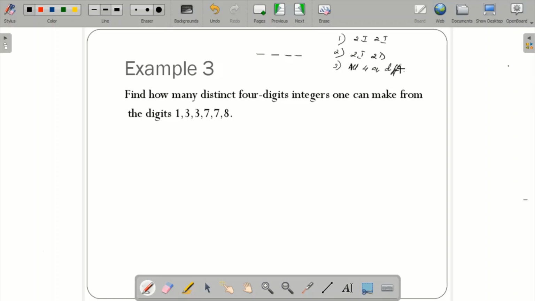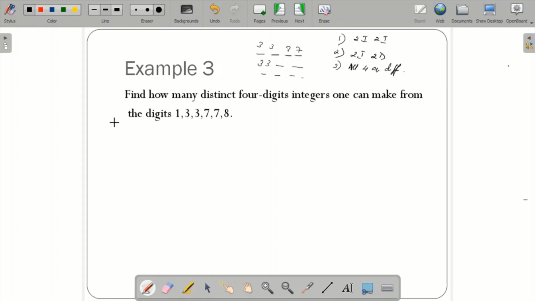So these are the 3 possibilities while solving this problem: either 3377, or 33 with 2 different integers, or all 4 different.